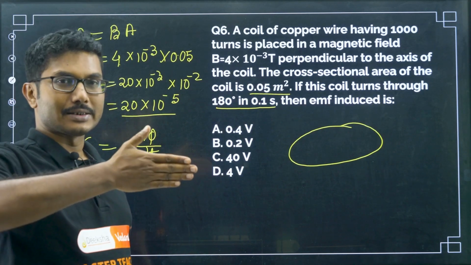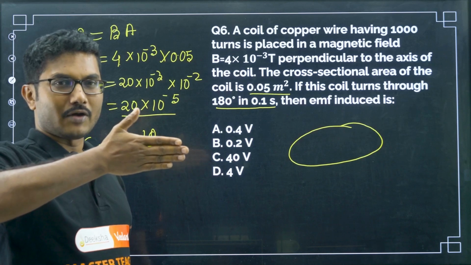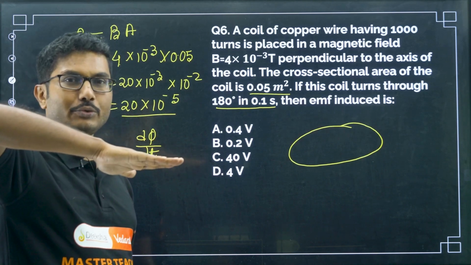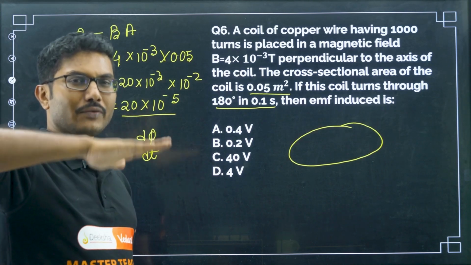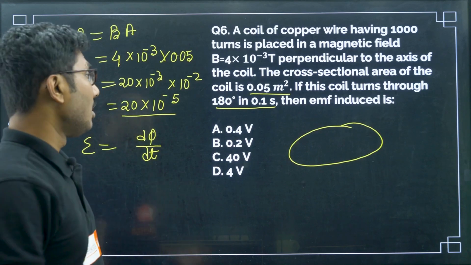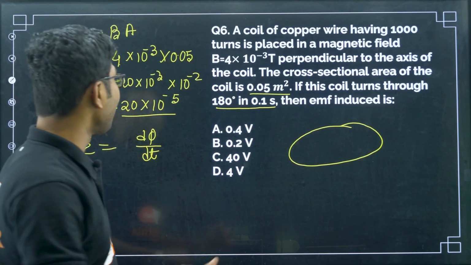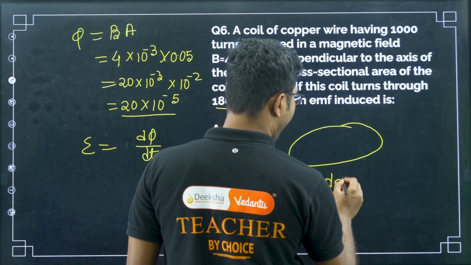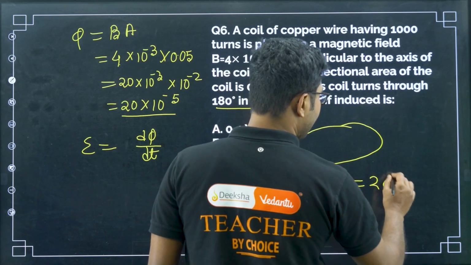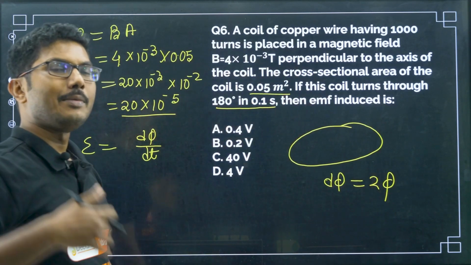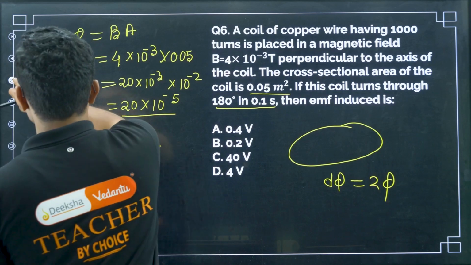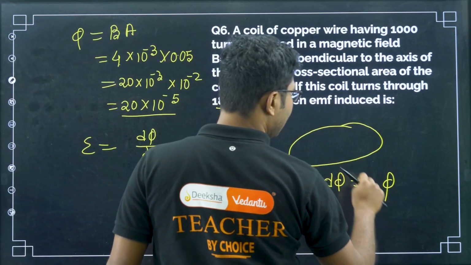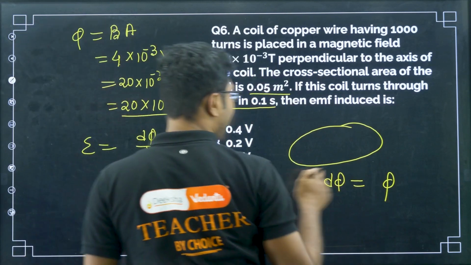Now, it rotates by 90 degrees, and the flux is now 0. Then it rotates to 180 degrees, so now the flux is minus BA. So, d phi will be phi minus minus phi, which is 2 phi. The initial flux was phi, and the final flux is minus phi.